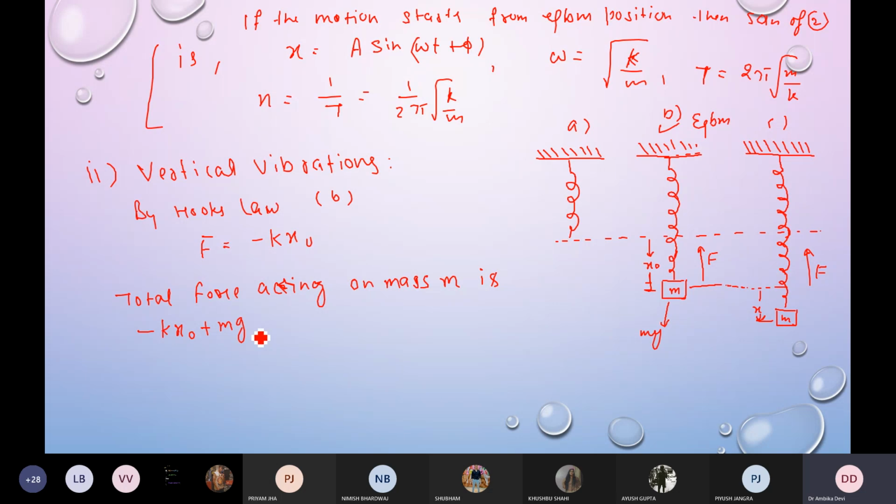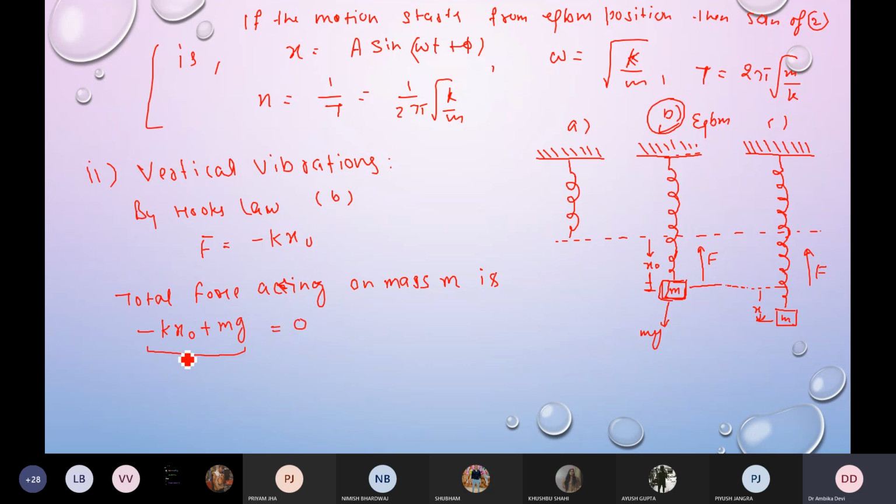This is the total force acting on the system. Now, since the mass has no acceleration at system B, the equilibrium position, there is no net force acting on the system. This is the still position of the mass m. So there is no acceleration, which means the total force must be equal to 0.